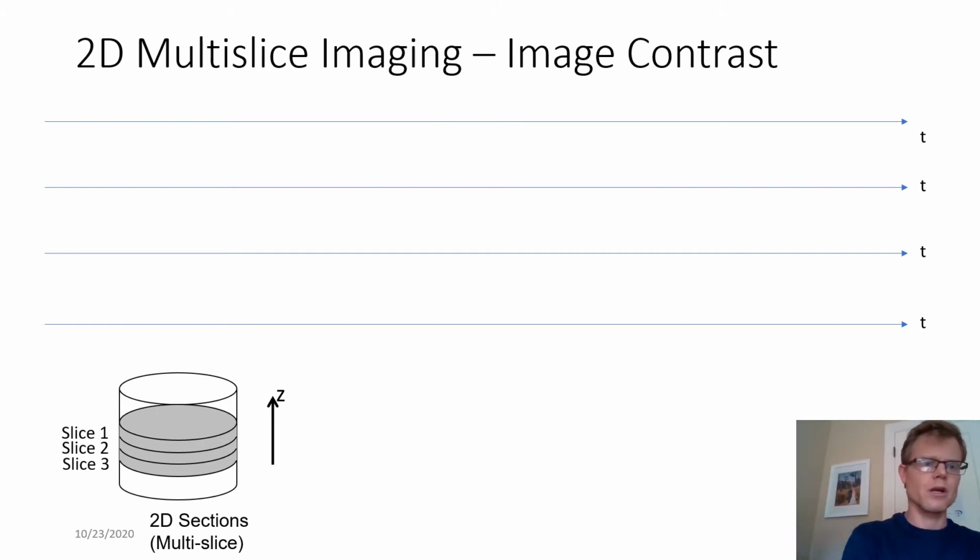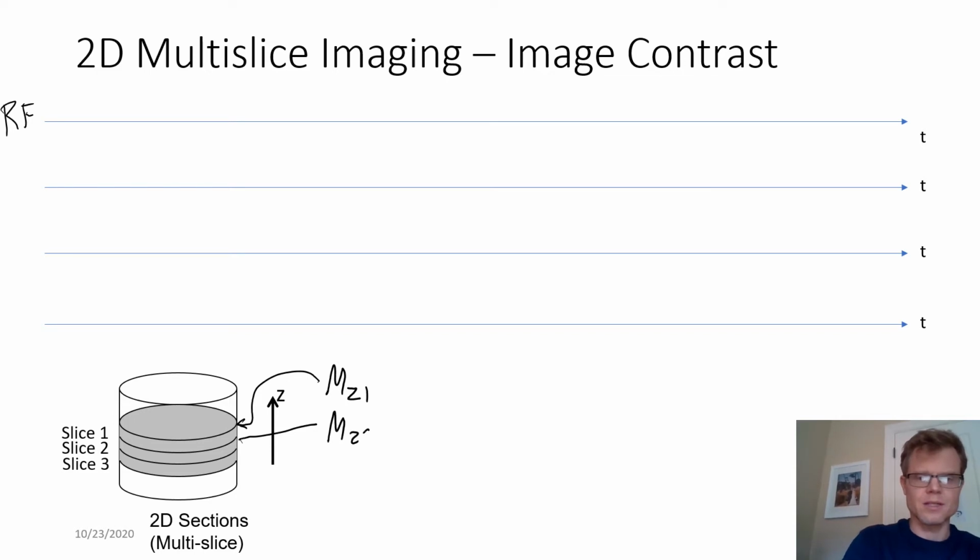So here, I want to highlight what this is going to look like. And let's specifically pull out the RF. And then what I want to do is plot the Z magnetization for each of our separate slices. So the Z magnetization in slice 1, we'll call M_Z1.